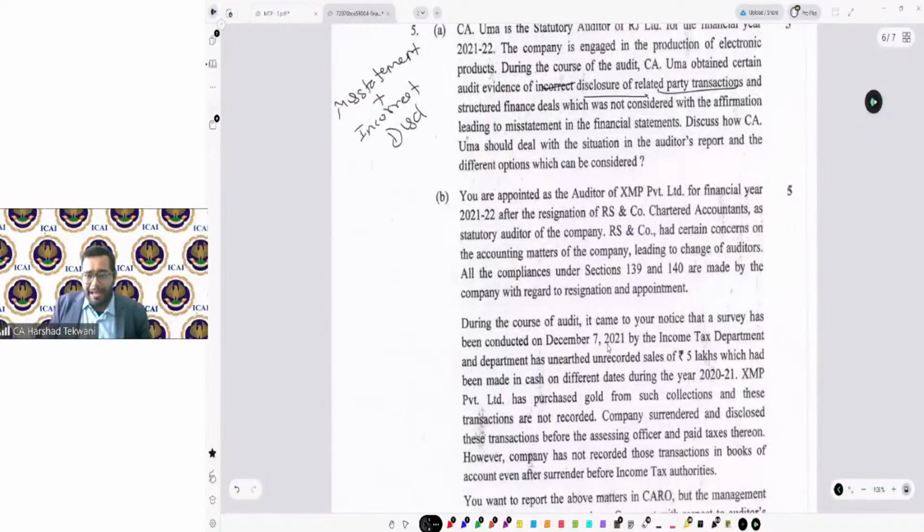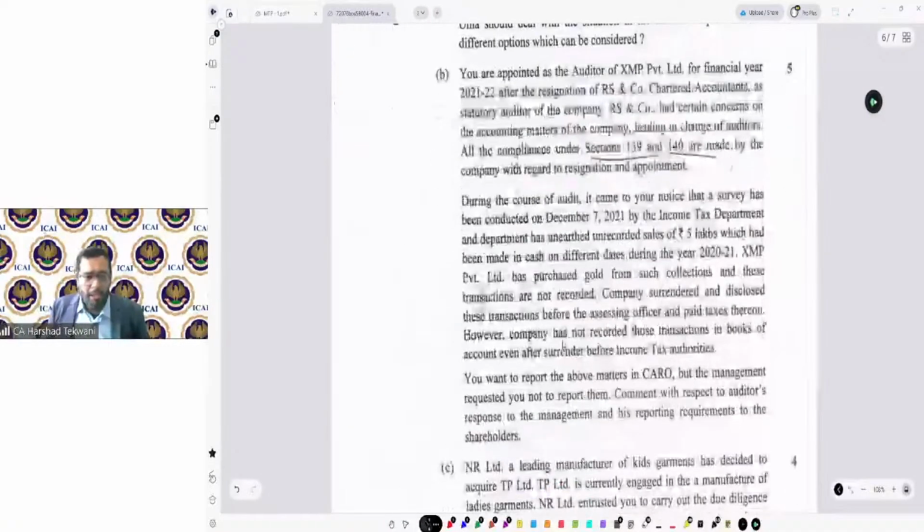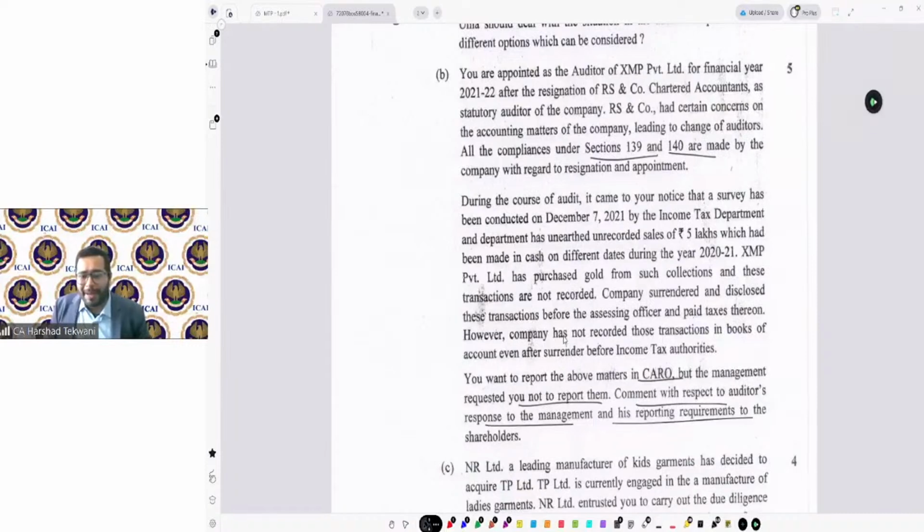Then again, next question is with respect to compliance of section 131, 139, 140, and you want to report the above matters to the CARO, but management requests you not to report. Comment with respect to the auditor's response to the management and his reporting requirement to the shareholders. So I could link, okay, this is something related to CARO and company's audit.